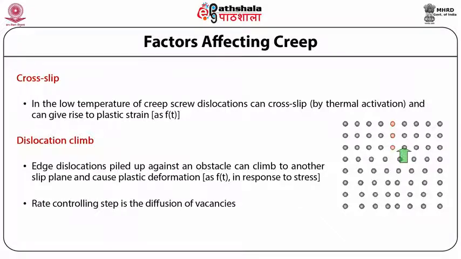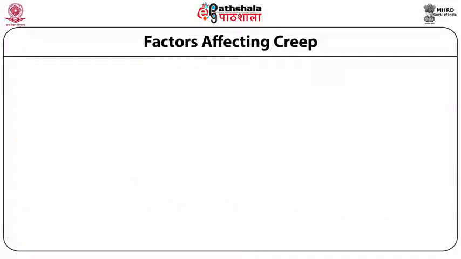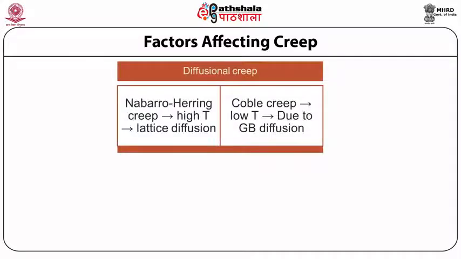Now this is well described in the figure given below, which shows diffusional creep in two types. The first one is Nabarro-Herring creep at higher temperature, due to lattice diffusion. The second is Coble creep at lower temperatures, which is due to grain boundary diffusion.